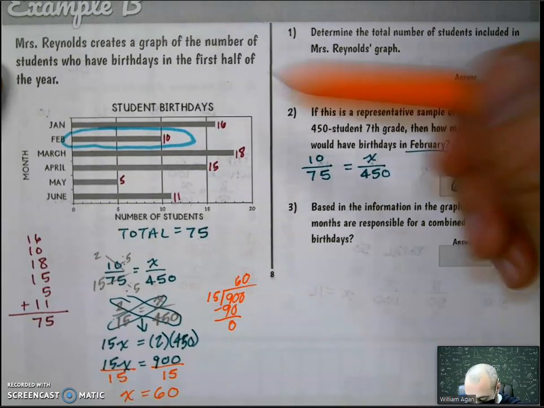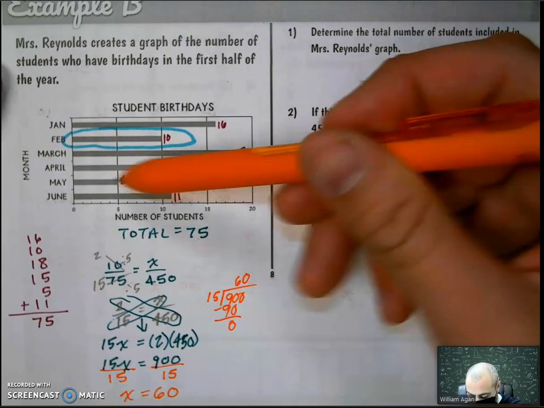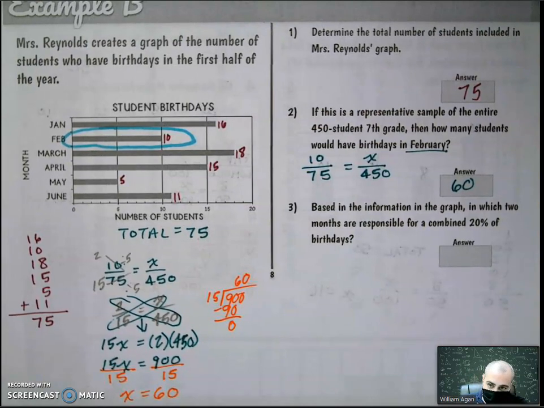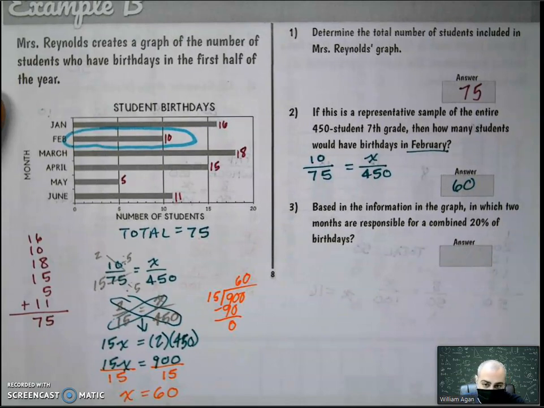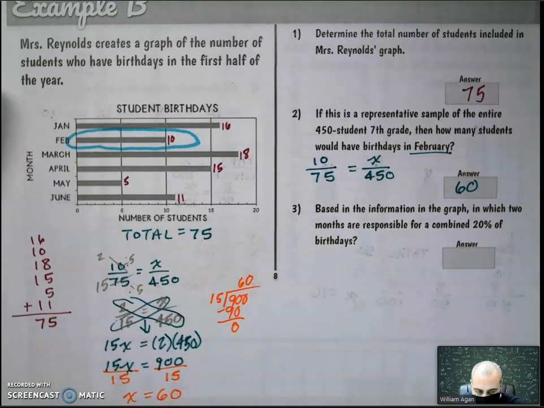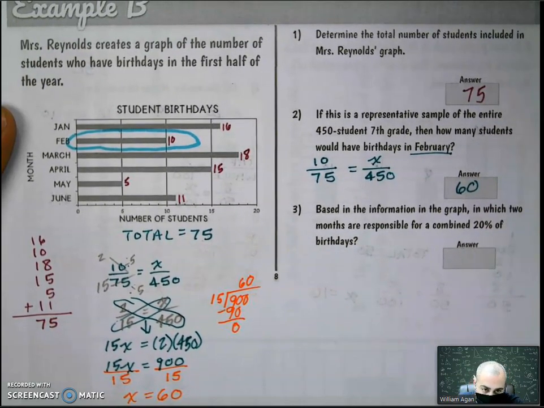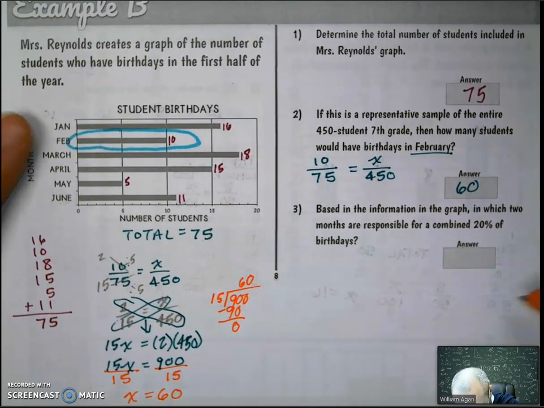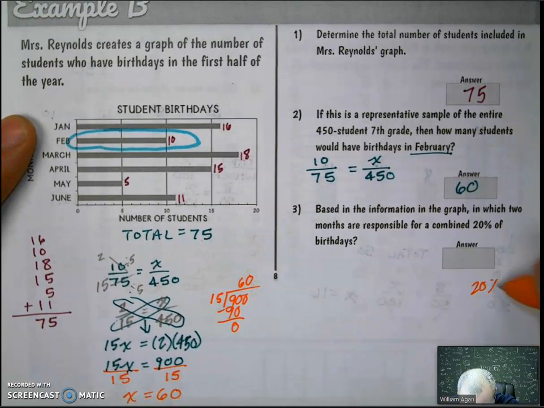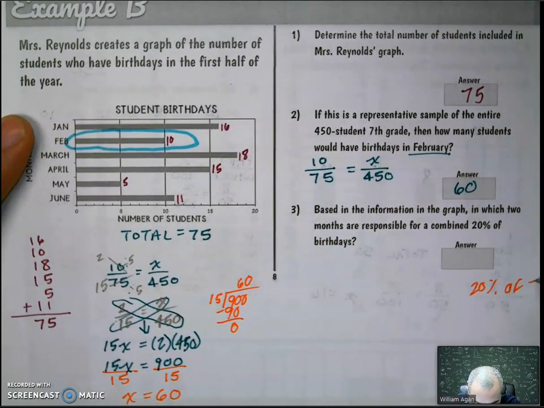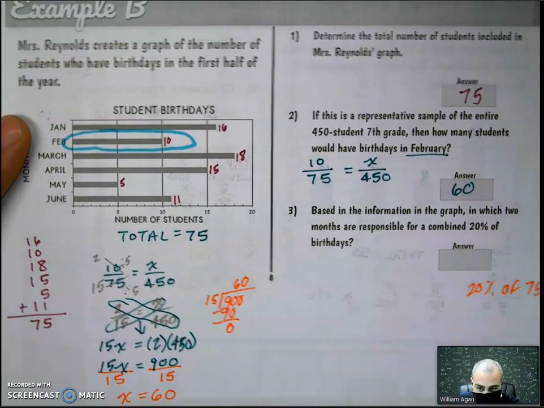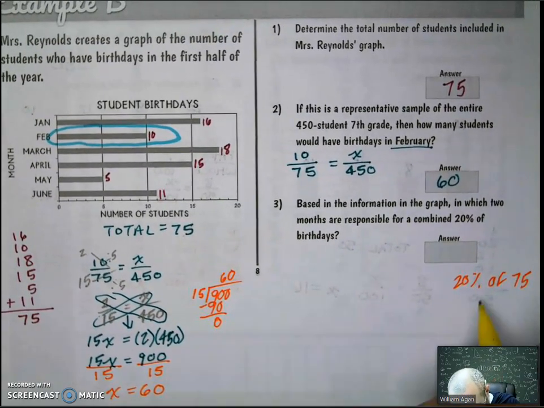So, we could turn all of these into percents and figure out what percents they are, or we could turn 20% into a number of students. We want to know what 20% of the birthdays are. Well, we can figure that out by turning that into just the number of students. 20% of the total. The total is 75. So let's find out how many students that would be.